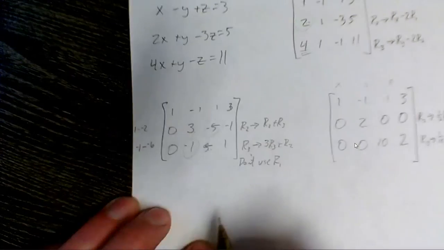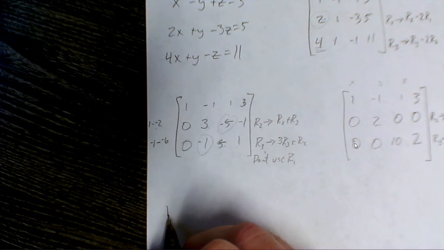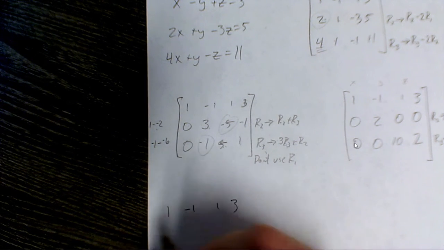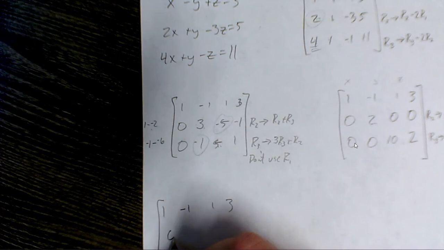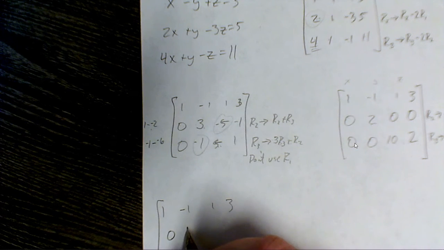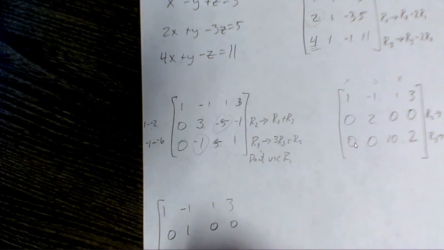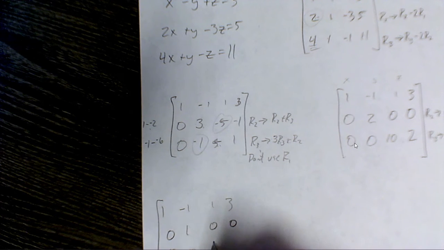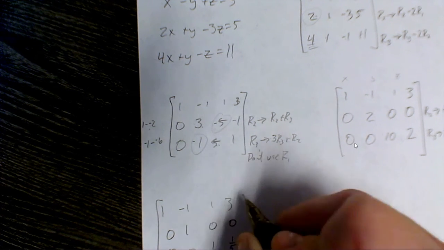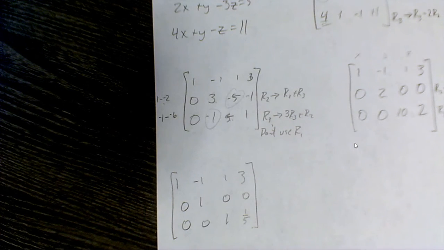So I'm going to do that. I didn't do anything to the top. Times a half across that row, times a tenth across the other. And that's what I get. I divided all these by 2 essentially, and I divided all these by 10 essentially.